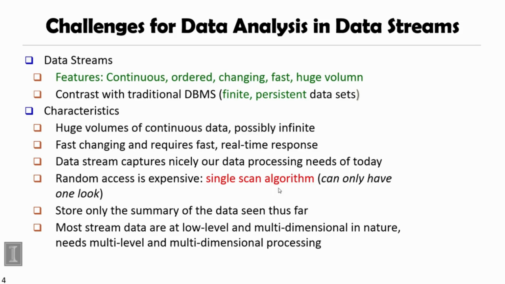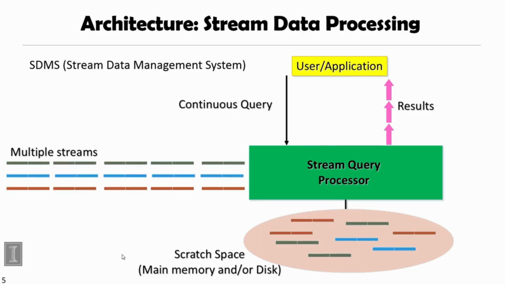So it's multi-dimensional in nature. But for information processing needs, usually you want to summarize or process the data and patterns at multiple levels and in a multi-dimensional way. So we can see there are lots of research challenges in data stream processing.